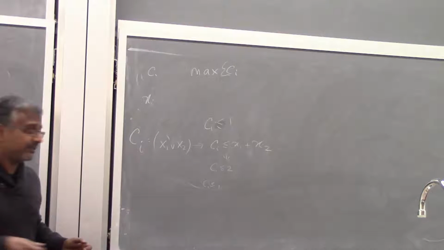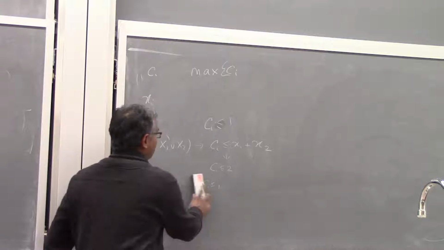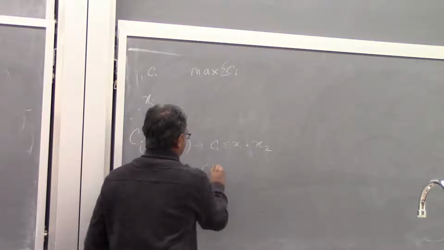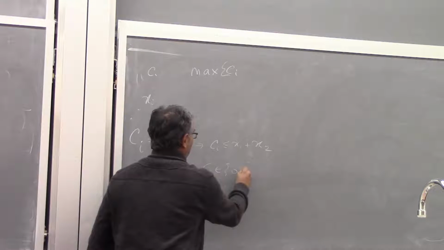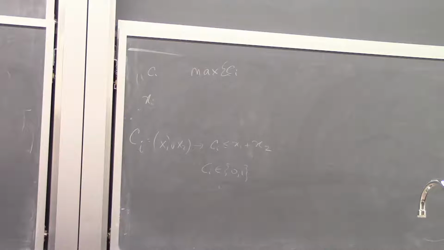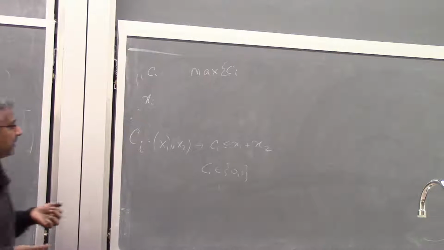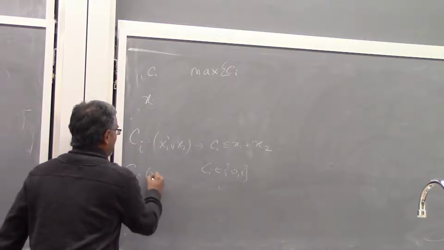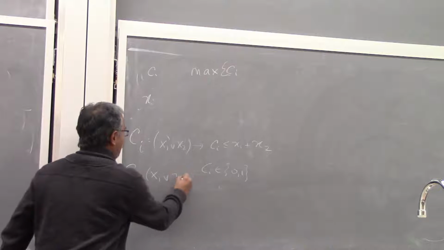Another way you could do this is to say, well, actually, I'll remove all this and just say, look, ci belongs to {0, 1}. That'll take care of all that problem. I don't have to worry about this. What about if my clause consisted of x1 or not x3?